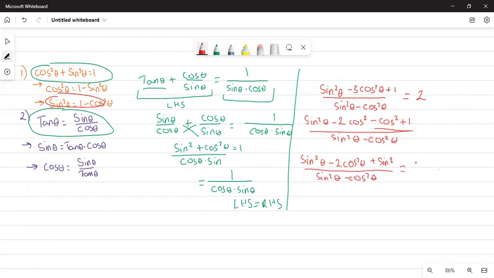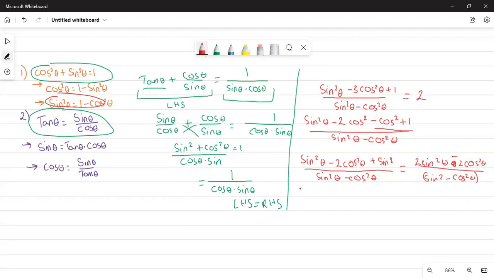Now we can write this as 2 sine square theta minus 2 cos square theta by sine square theta minus cos square theta.